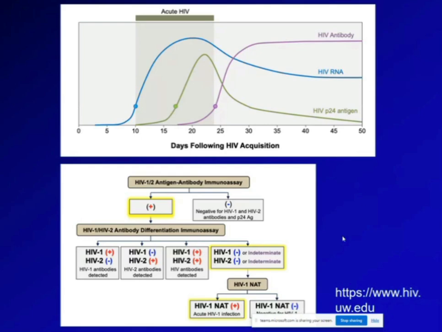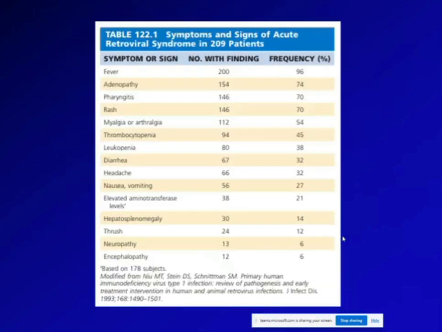We use it clinically kind of the same way, but 2 of them are qualitative and only 1 is quantitative. And how often would you see a rash with acute retroviral syndrome, acute HIV? It's about 70% of the time. So it's in the top 5 in terms of findings that you would see with acute HIV.